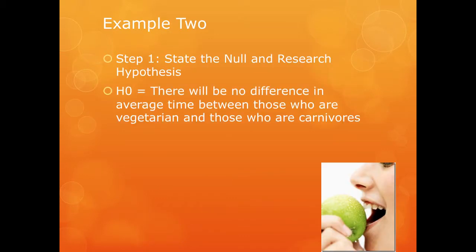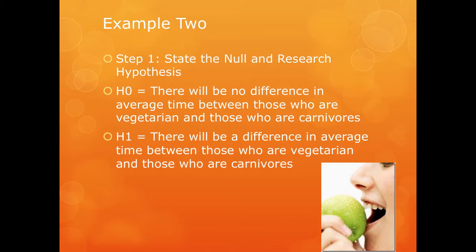So again, we're going to state the null. The null will state no differences, as always. So there will be no differences in average time between those who are vegetarian and those who are carnivores. Now that we're covering stating hypotheses again, I noticed on your last homework, a few of you were explaining to me what it means and were using question marks: will there be differences between the two groups?